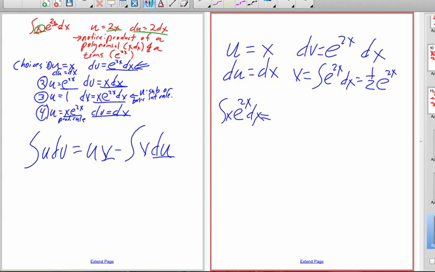equals, so it's u times v, so I'm going to have 1/2 x e to the 2x, which looks nasty, but remember we're not worried about that one, minus, because this is what we're interested in, is getting a nice simple integral.